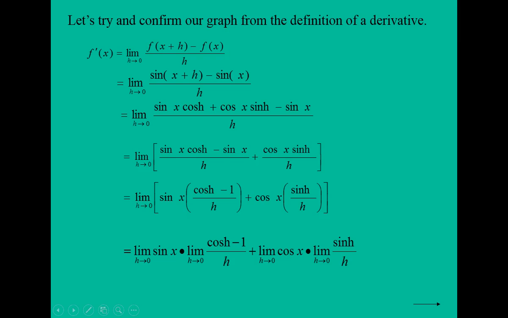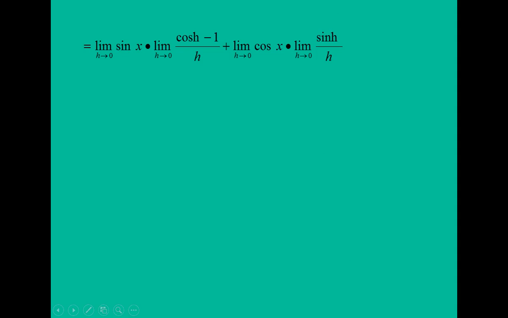Now, the limit of the sine of x as h goes to 0. That is just going to be the sine of x, because the sine of x doesn't have an h in it, so it's considered a constant. The limit of a constant as h goes to 0 is just that constant. So we would just get the sine of x.